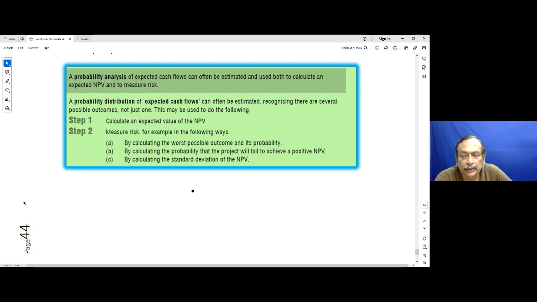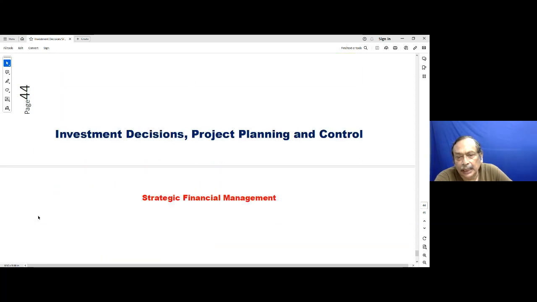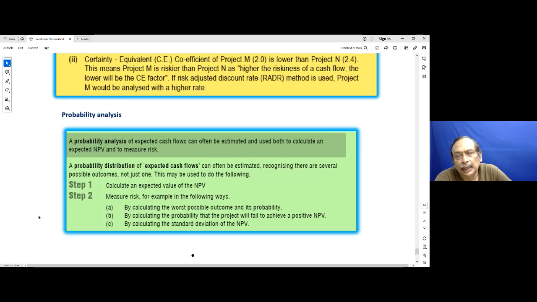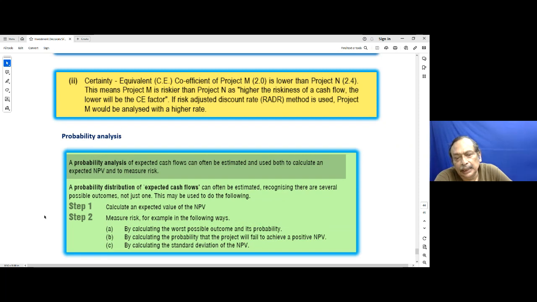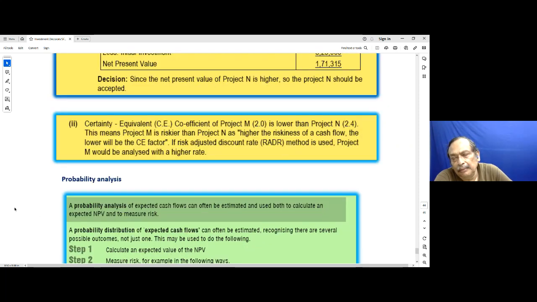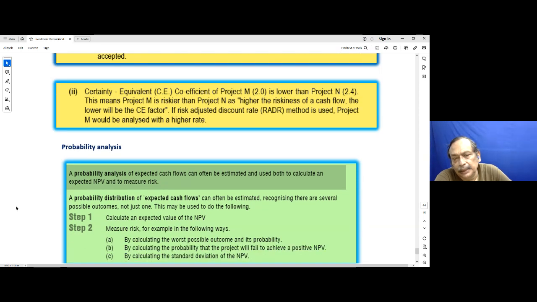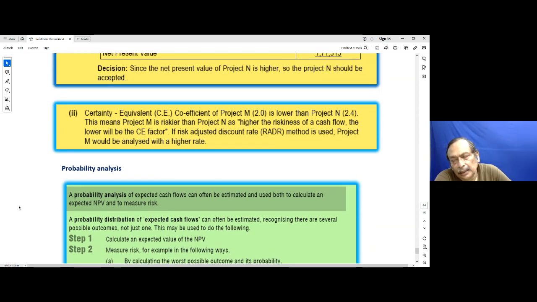So these we may take in the context of capital budgeting, and that is all so far as capital budgeting techniques or investment decision making techniques are concerned.